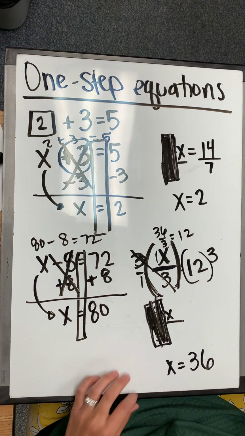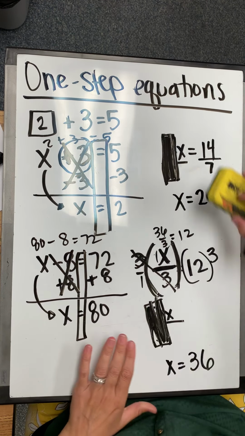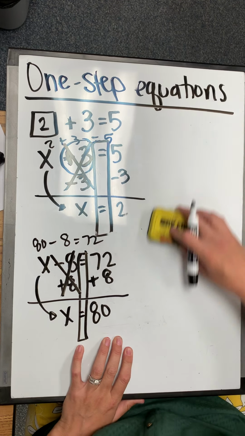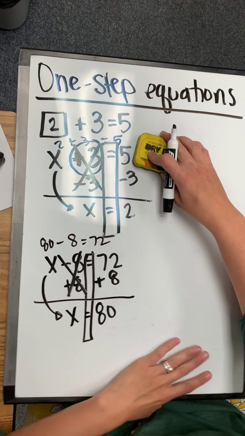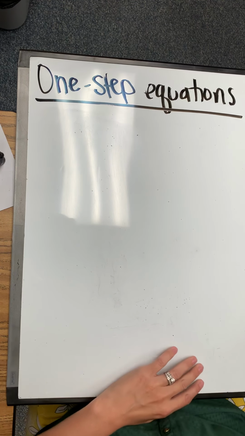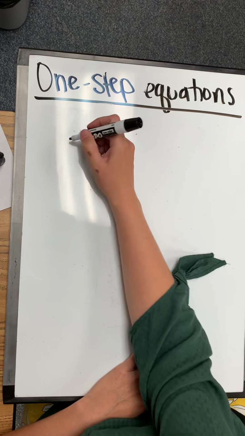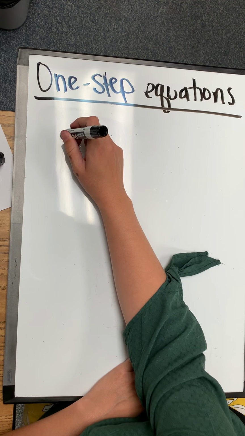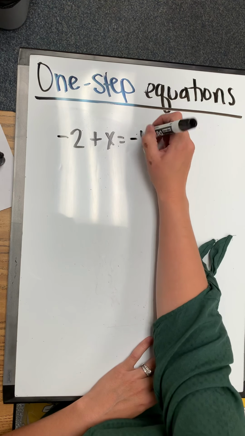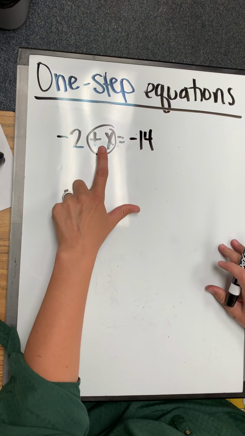So we're good. Let me show you a couple of tricks that might come your way. These are really just positive numbers with the exception of our -8, but I'll show you one that has to do with some negatives, okay? So even if it says like -2 plus x is equal to a -14, this right here is a positive variable.